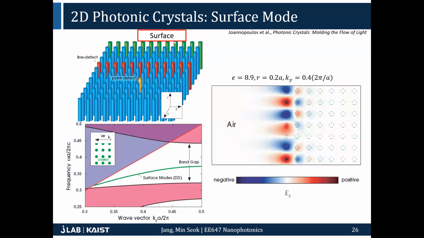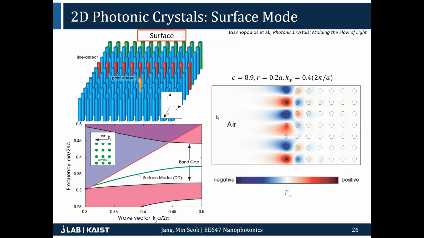And then surface defect, the same story. If you have a crystal which has an ending like this, and then you have an air interface, then what I draw here is the same thing, the dispersion relation. This pink region is where you have a propagating photonic crystal mode, and this red line is the dispersion relation of the air.